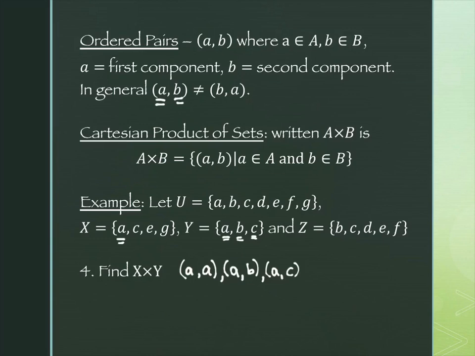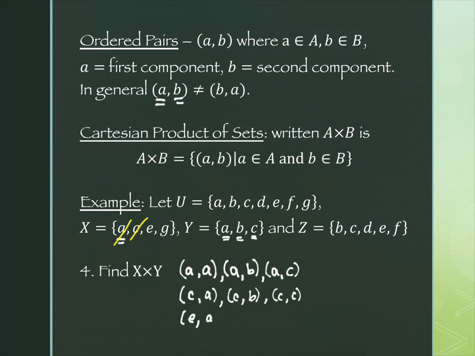And then I just go to the next letter that's in set X. What's the next letter in set X? C. And I do the same thing. I take C and I group it with the first item in set Y. That's A. And then I do C with, what's next? B. And then I have C with C, right? Okay, so at this point I have taken care of grouping the A and grouping the C, and I'm on to grouping E. So now I have E, what?